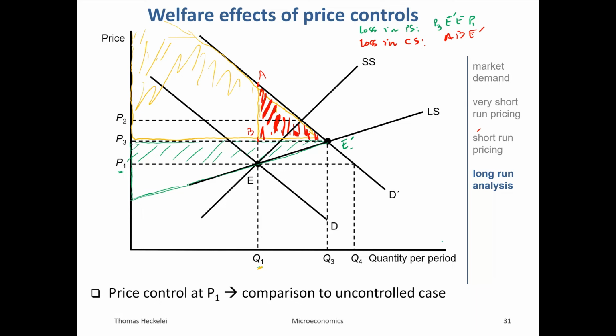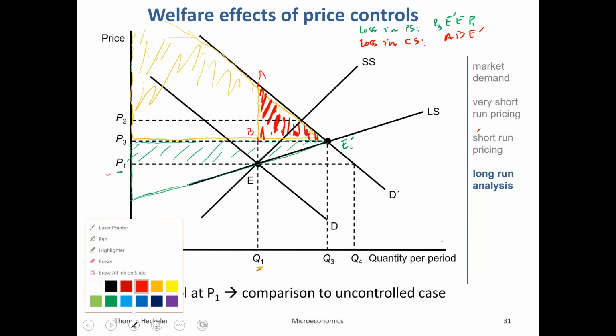However, consumers also gain something over there. Why? Because they were supposed to pay P3, but now they only pay P1. So they must gain something for the quantity that they're able to buy, which is Q1. It's actually for the entire Q1 at a different price, from P1 to P3.